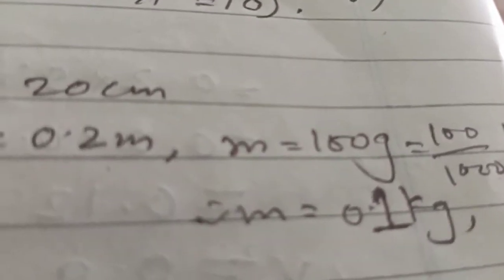The mass m is 100 grams, so 100 upon 1000 kg, that is 0.1 kg. Now the frequency is 75 rotations per minute. Changing the minute to seconds, 75 divided by 60.